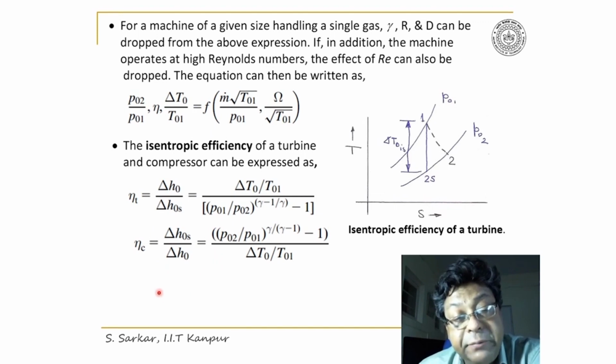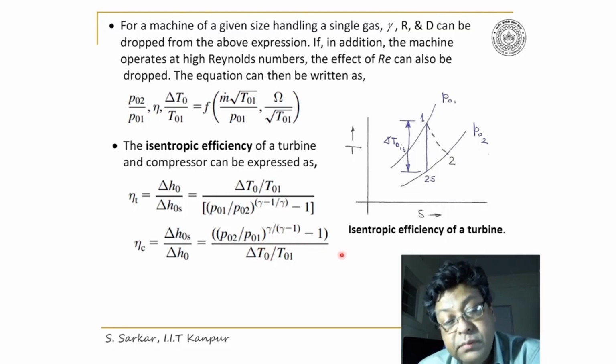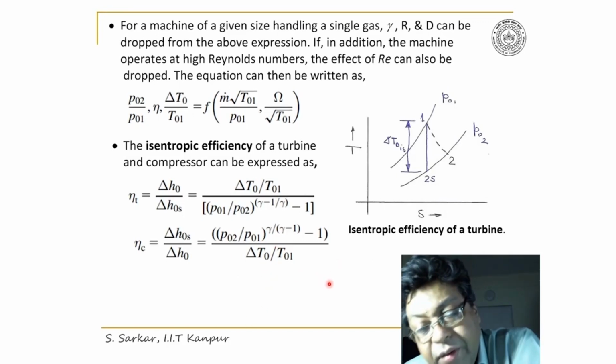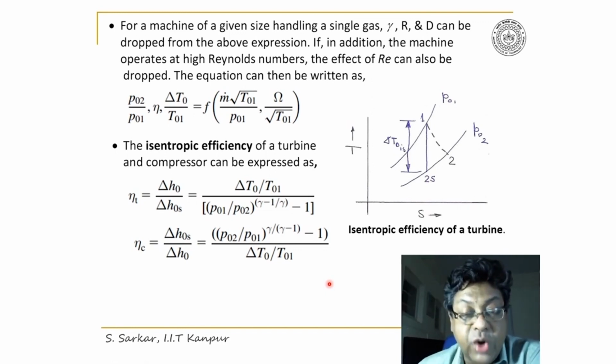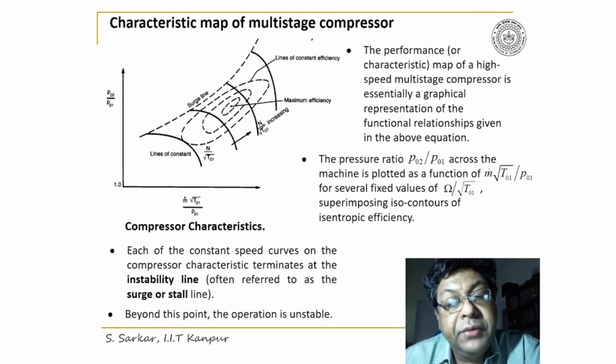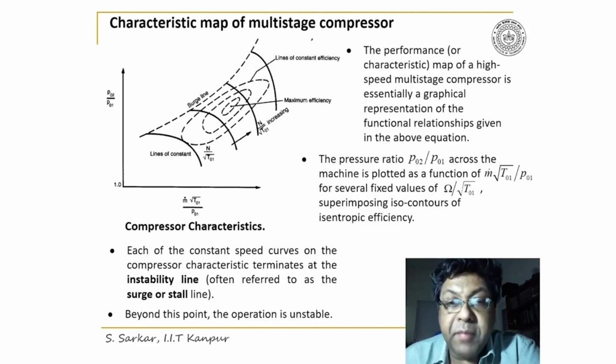And this can be expressed as P02 divided by P01 to the power gamma minus 1 by gamma, minus 1, divided by del T0 by T01, where del T0 represents the temperature rise or temperature drop across the machine. I would now discuss the characteristics map of a multi-stage compressor.